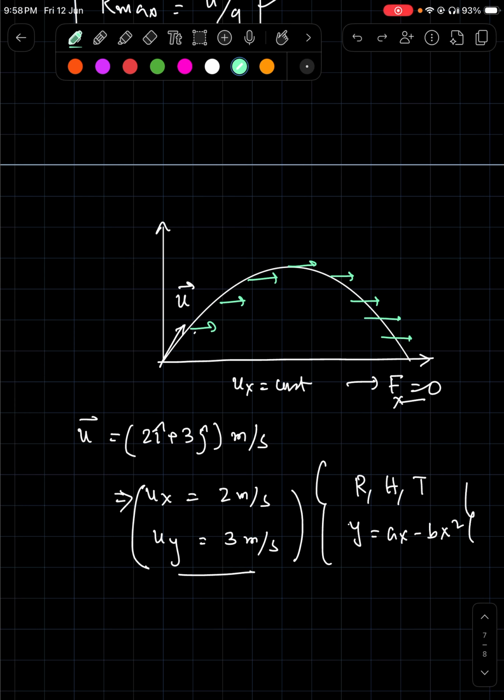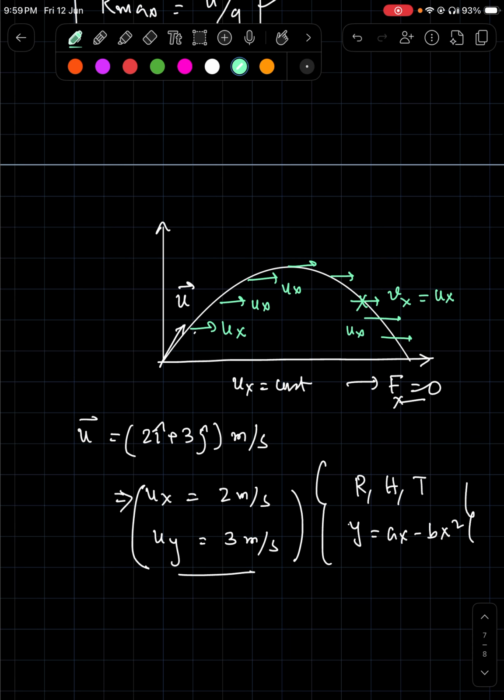Suppose at this position the velocity along the horizontal direction is vx, then vx must be equal to ux. So at every position the horizontal velocity is ux, because it does not change with time as there is no force acting along the x-axis. I'm telling this because it helps to solve logical problems very easily.